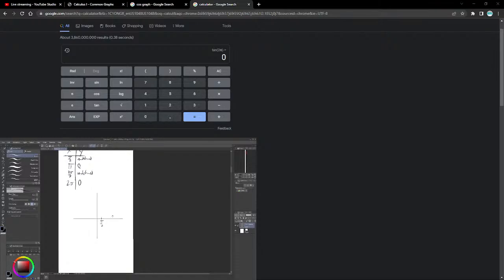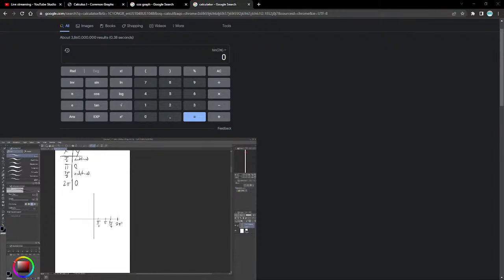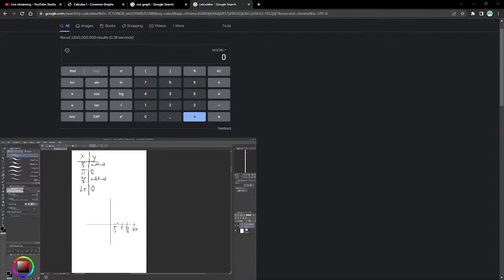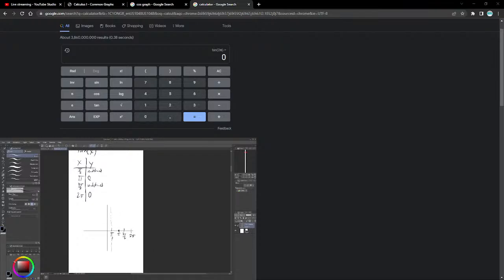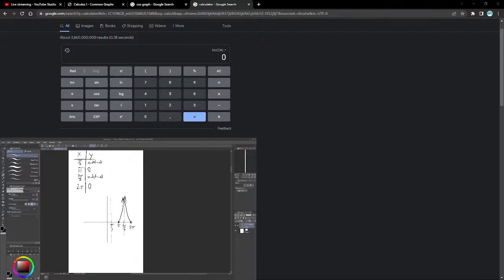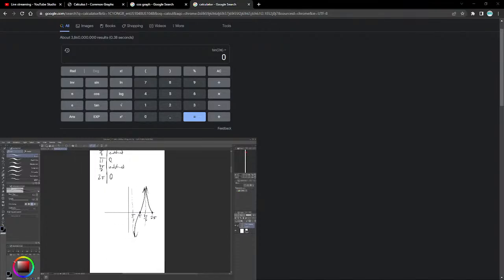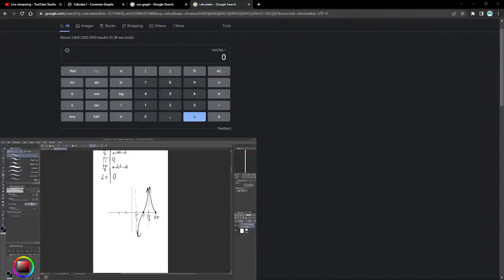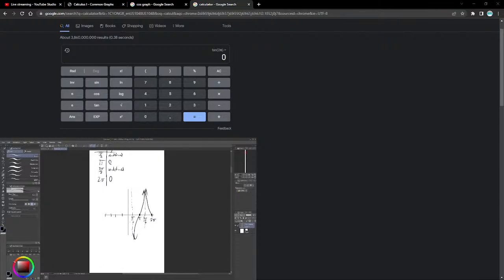Pi over 2, pi, 3 pi over 2, 2 pi. I think it goes like this. Or something. And then the opposite, I'm not even gonna write out the points here.